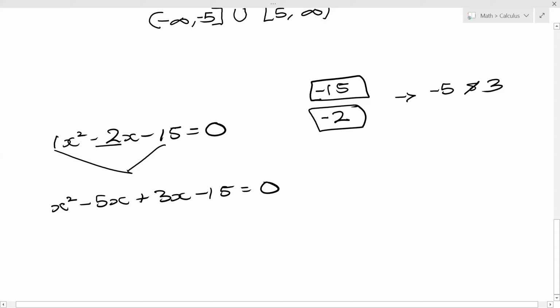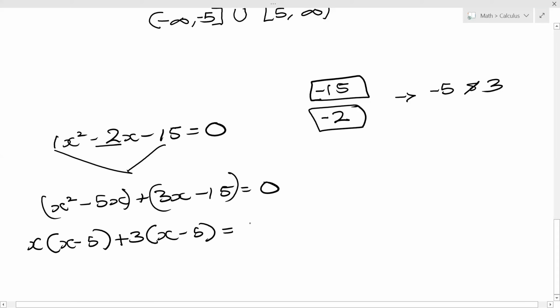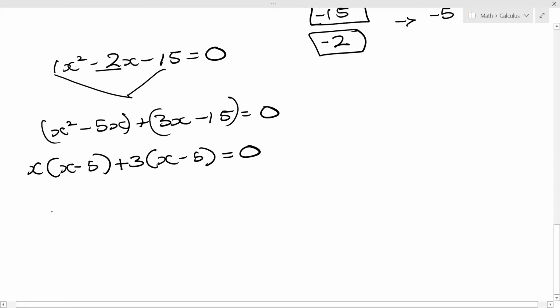Okay, we can start to factorize, put them in brackets. This x is common, this is x minus 5. Plus 3 is common here, 3 times x minus 5 is equal to 0. So we have x plus 3 bracket x minus 5 is equal to 0.